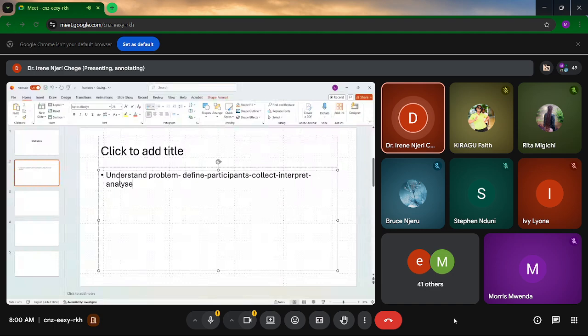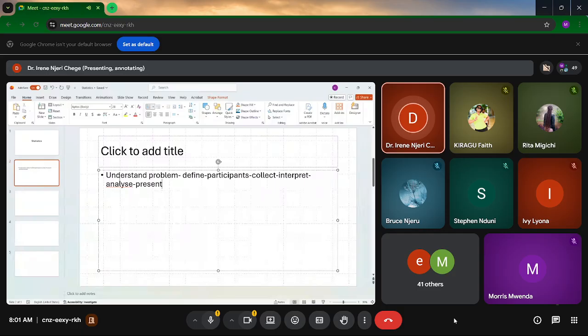So before you decide which method to use, you have to understand the problem. You define what you're trying to do, you know where you're collecting the data from, you decide how you'll collect the data and which kind of data, and then finally you're able to interpret, analyze and present your data in a way that is understandable to the people you are trying to reach.